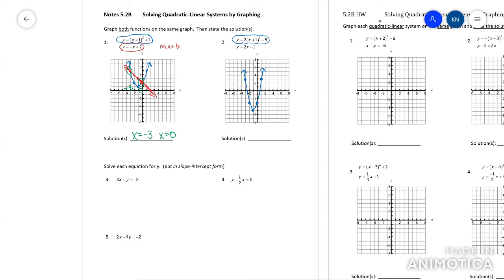All right, and now I do my linear one, which is mx plus b, 2x plus 1. Start at a y-intercept of 1, rise 2, run 1, work your way back. It's going to look something like this. Then you just find out where they crisscross. So that'd be here and here. That's at an x value of -2 and an x value of 1.